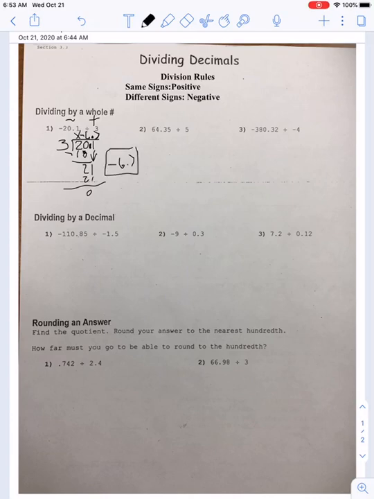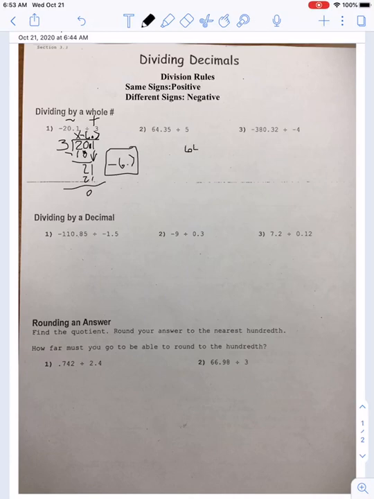Let's move on to number 2. We have 64.35 divided by 5. So remember, the first number is what goes under the divisor.